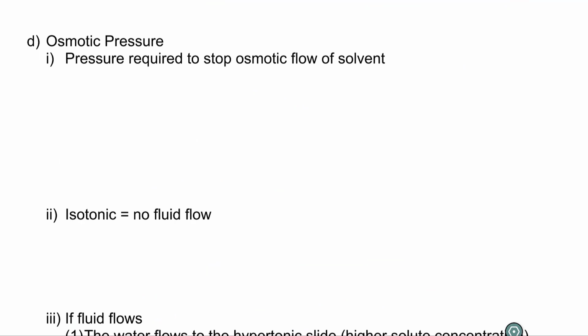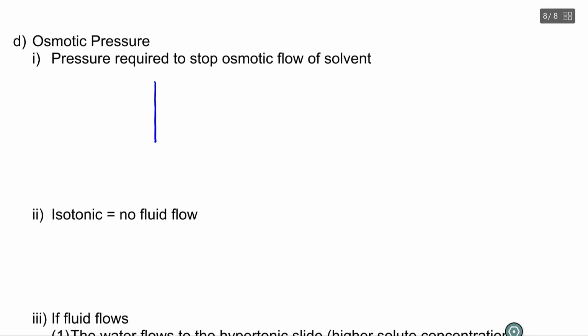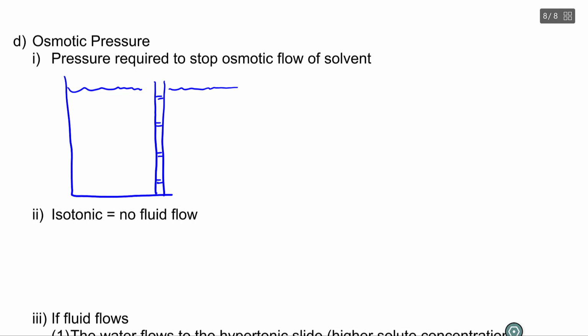Okay, so let's talk a little bit about osmotic pressure. Think about it like this. If I have my semi-permeable membrane again, and I don't have anything in there except water. I could start with water on one side, and because it's a semi-permeable membrane, the water levels would equal out eventually.